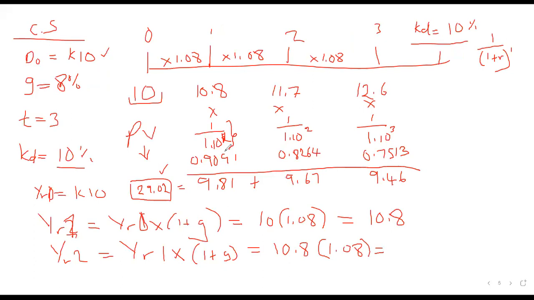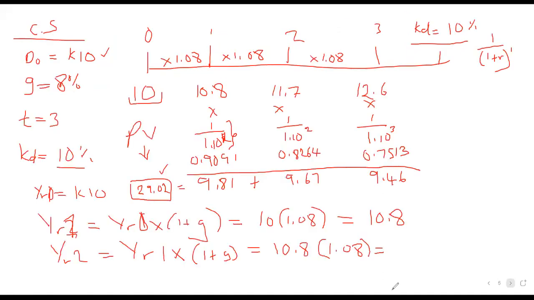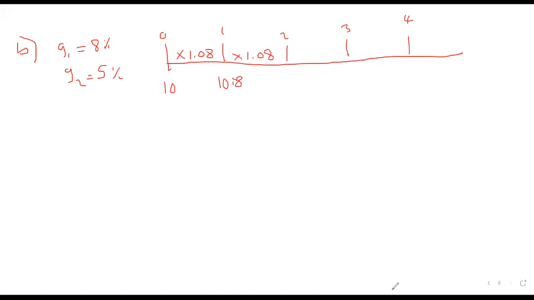Initially 10, 10.8, 11.7, and 12.6. How did it go from 10 to 10.8? Multiplied by 1.08. Then multiply by 1.08 again. What are you getting?